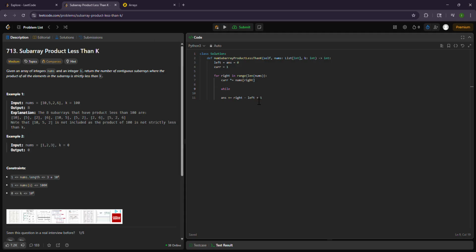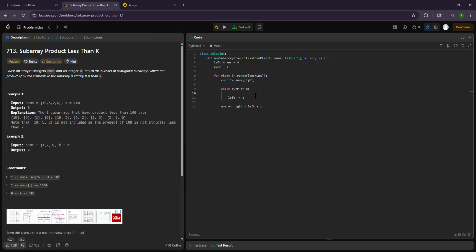So we say while the product is greater than or equal to k, that means it is invalid. What do we have to do? We have to increment the left by 1. Sorry, before incrementing the left by 1, we have to divide.